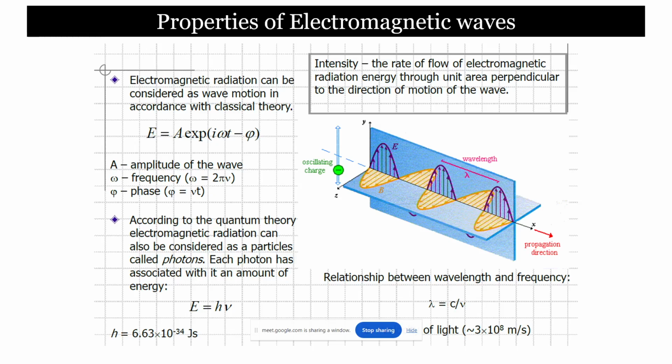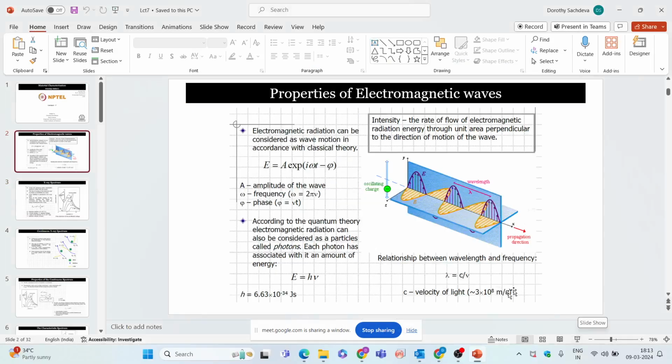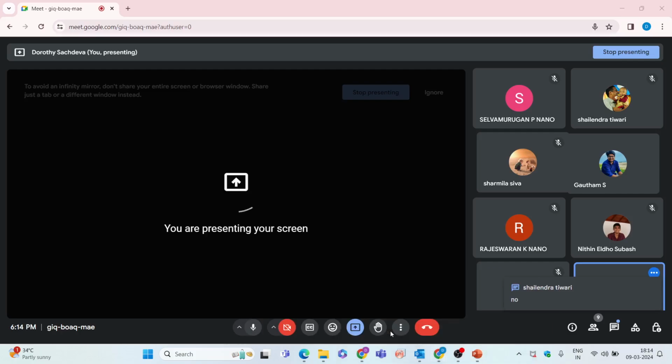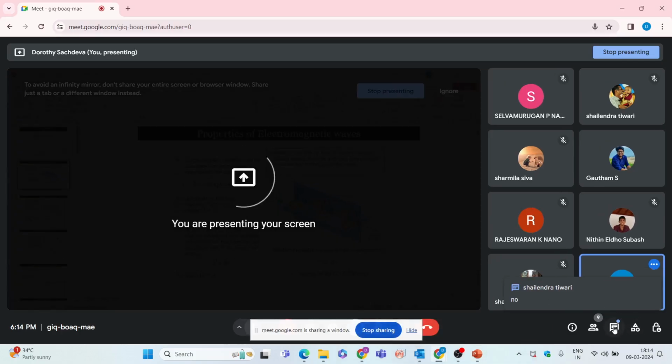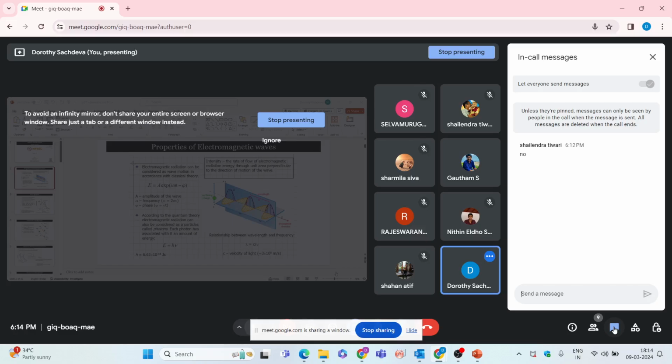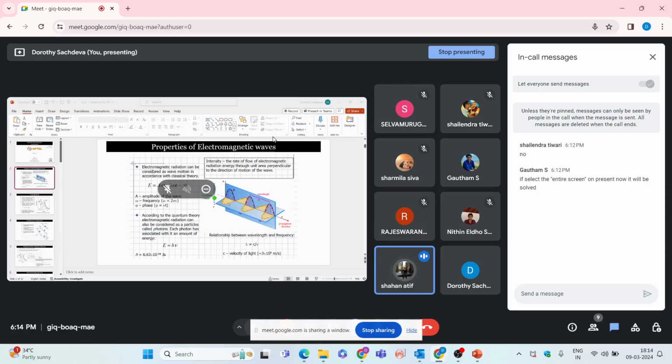Are you able to see the slide mode now? Is there any suggestion? What should I do? I have tried to reconnect again and again. Okay, I'll try.